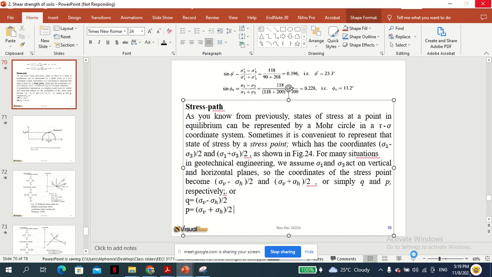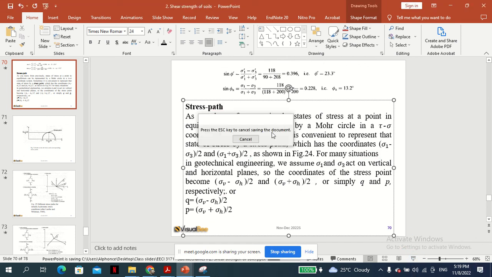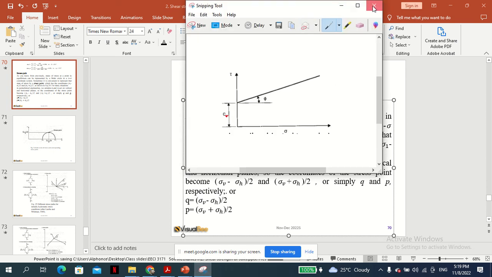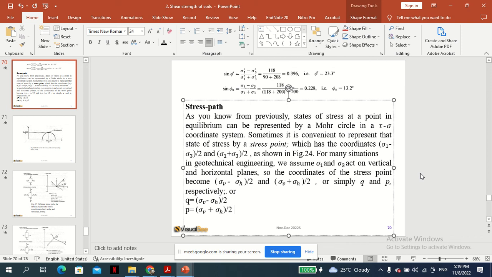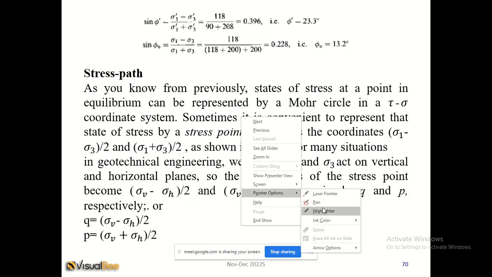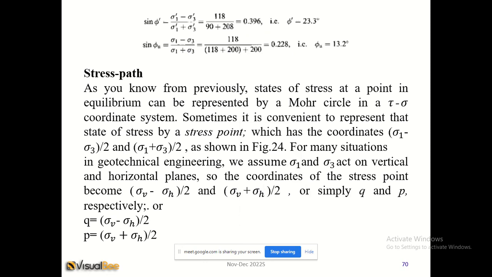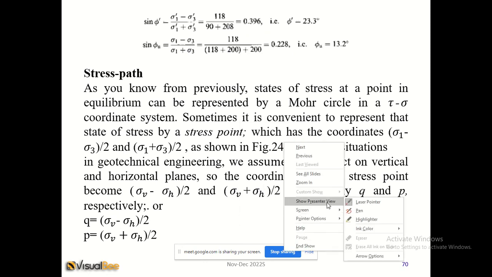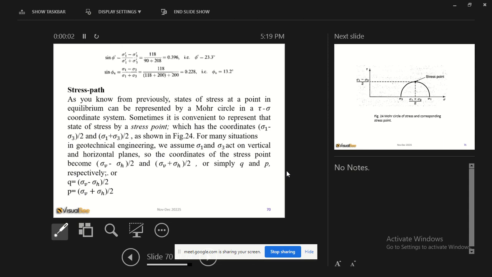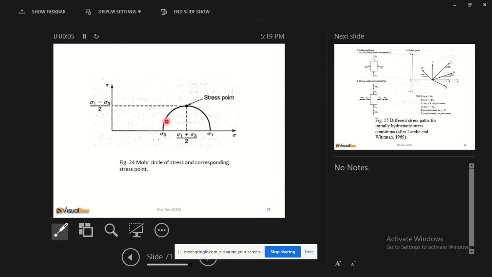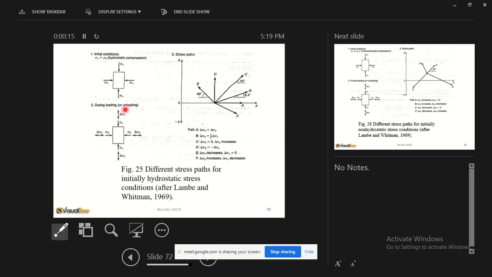So if you plot those values in a PQ space with P and Q defined as follows, that is what is called a stress path, and this was discovered at MIT. I'll show you how useful this is in a minute. So if you can track how the stress changes, that will give you what is called the stress path.